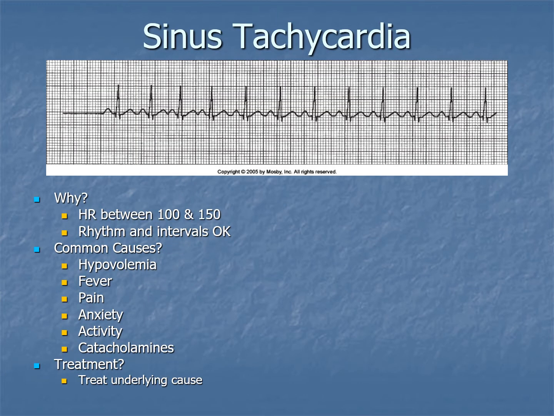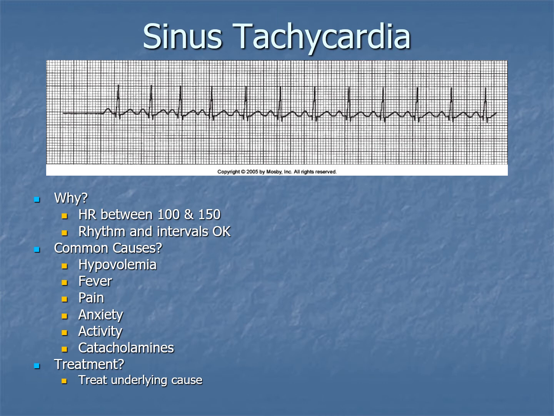So now let's take a look at the opposite end of the spectrum: individuals that have a fast heartbeat. One of the more benign forms of a fast heartbeat is known as sinus tachycardia. The heart rate is between 100 and 150. The rhythm and the intervals look like they're within normal limits.